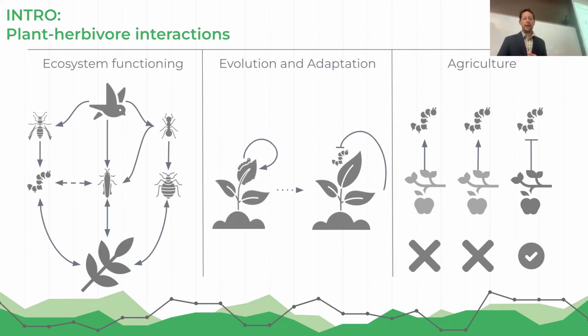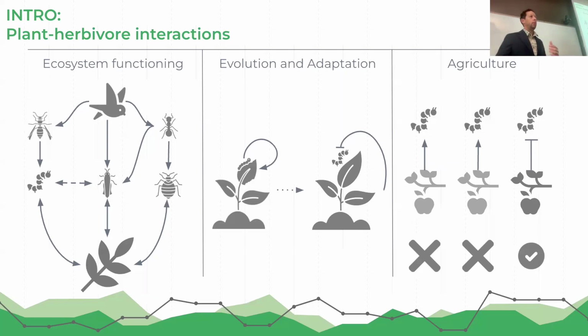Another is through evolution or adaptation. There, we might look at plant defense compounds and ask how they may have evolved over time to provide an adaptive mechanism for these plants to deter or limit herbivory, either directly or indirectly. Another area of research is agriculture.